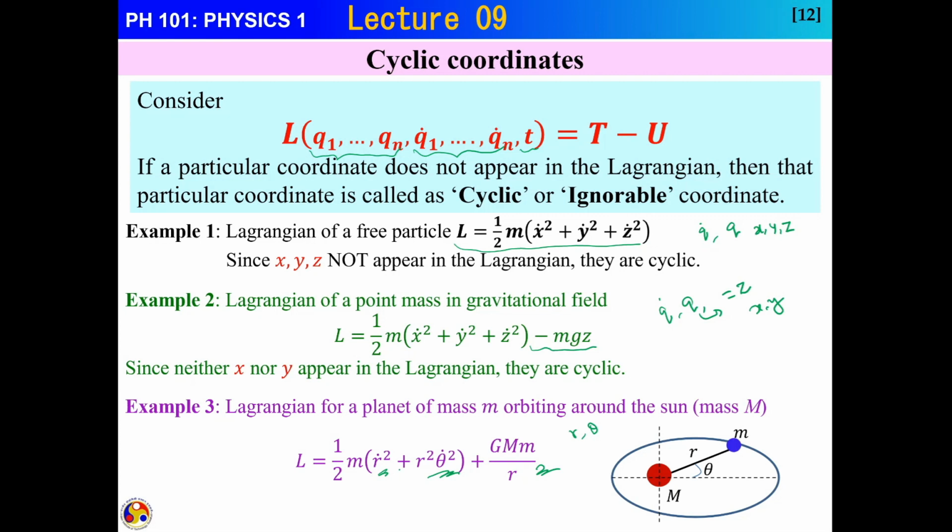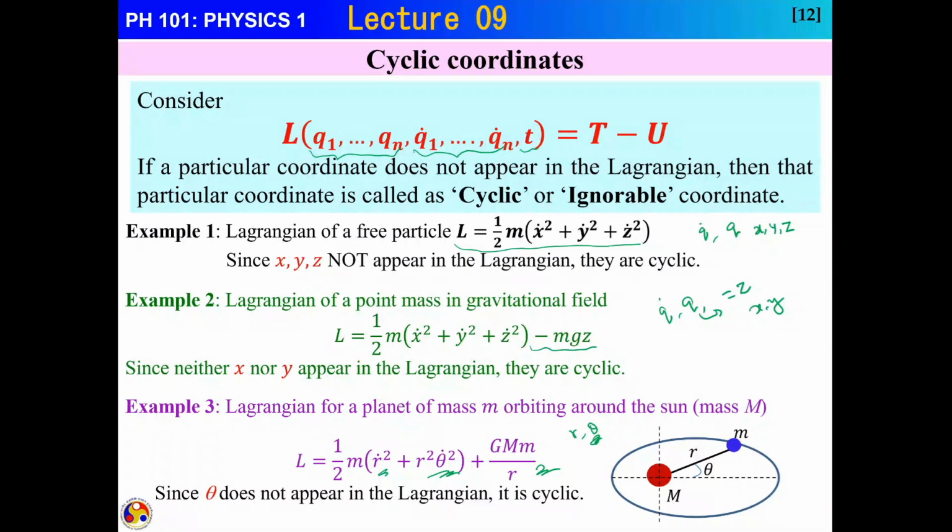But then looking at here, I have r dot, and there is a theta dot, but theta is not there. So since this system doesn't have theta in the Lagrangian, it is cyclic with respect to this particular situation.